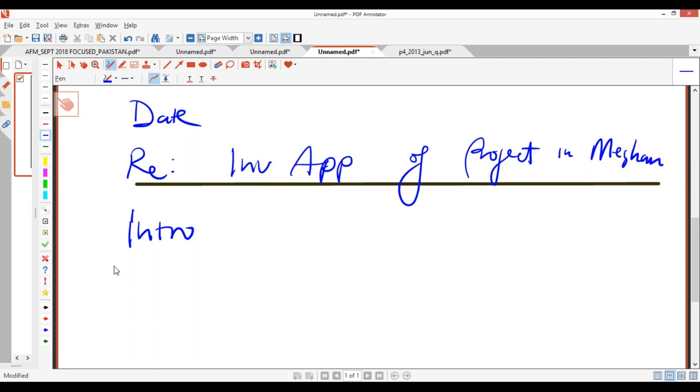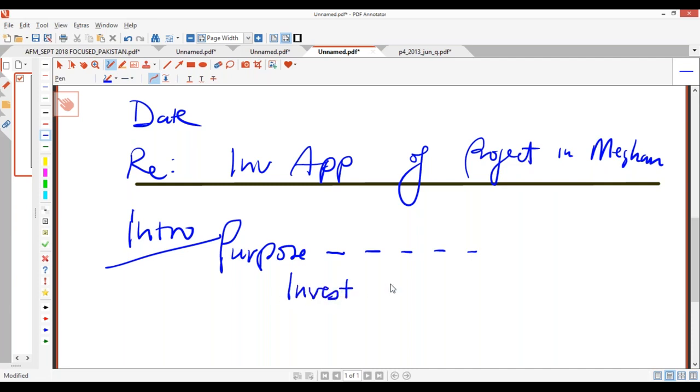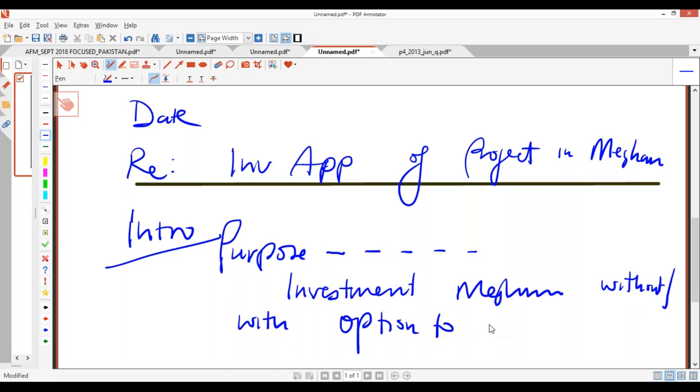In this introduction paragraph, you're going to say the purpose of this report is to investigate the investment in Megam, I'm just writing not fully structured sentences, without and with considering the option to sell to Balut.